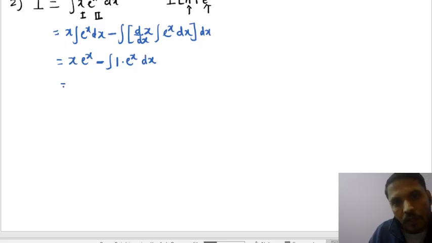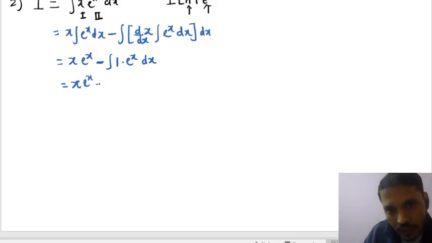That means x e to the power x as it is, and then e to the power x, whose integration is e to the power x. So plus c. This is the answer.